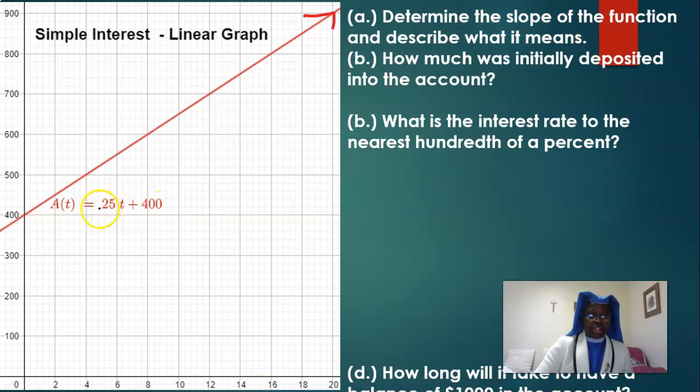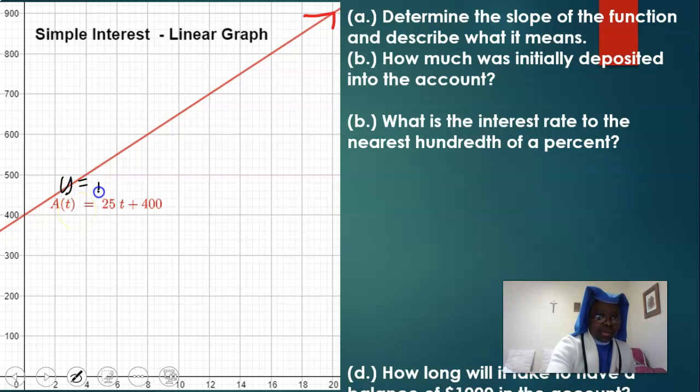Just looking at the equation, we know the slope, just like y equals mx plus b, right? So we can see that t is the x, so the slope is 25. And so that's like $25 for 1 year.